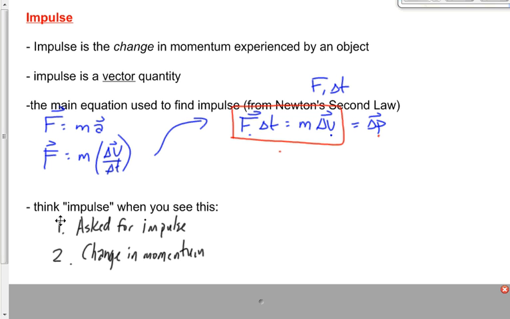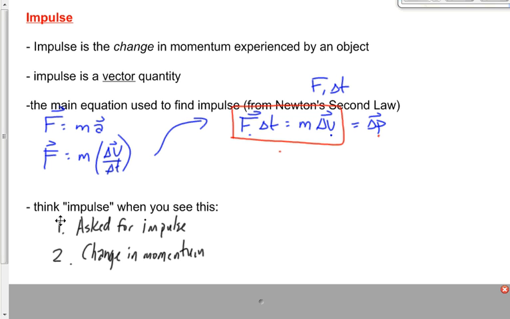All right, use impulse. Maybe the question says, when the bug hit the windshield of the semi-truck, what was the change in momentum of the bug? All right, use impulse. Maybe the question said, as the baseball player threw the baseball, what was the change in momentum of the baseball? All right, use impulse. It asks you for change in momentum.